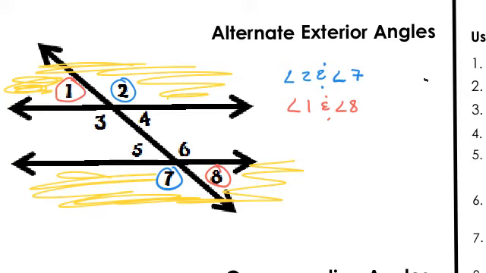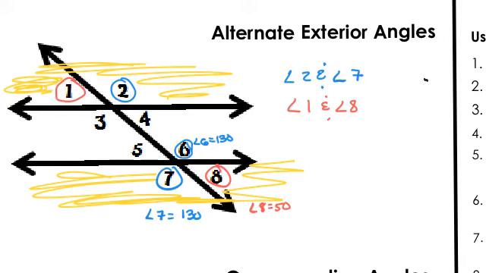So again, if we think that angle 7 is equal to 130 degrees, then angle 8 must be equal to 50 degrees. And without having to figure out then that angle 6, because vertical angles, right? Angle 6 then is also 130 degrees.